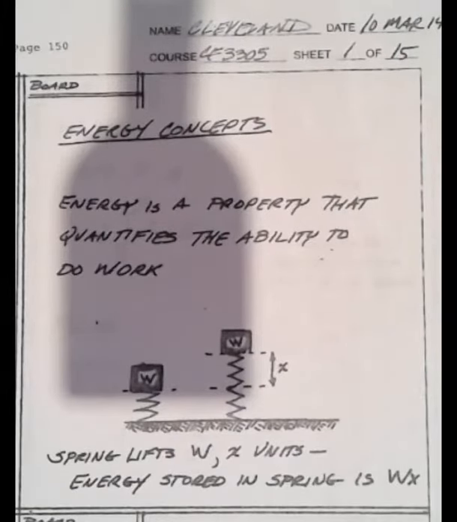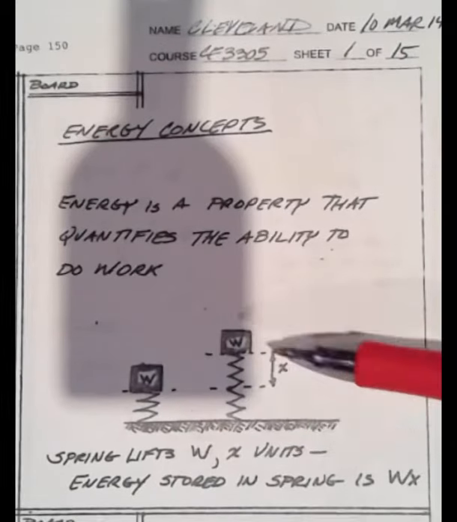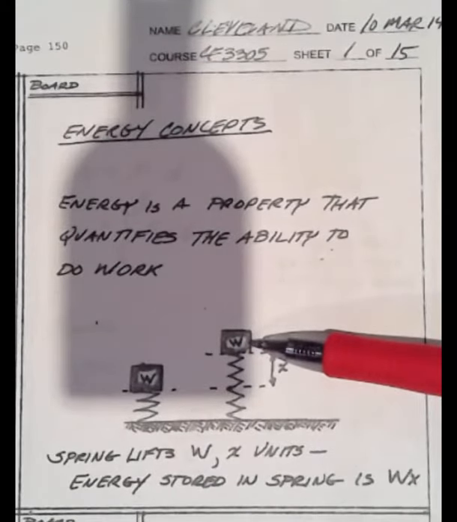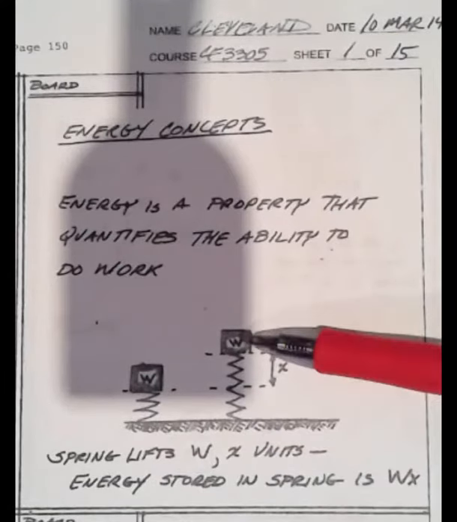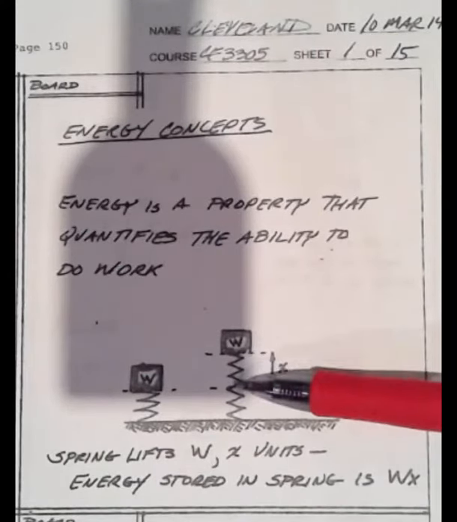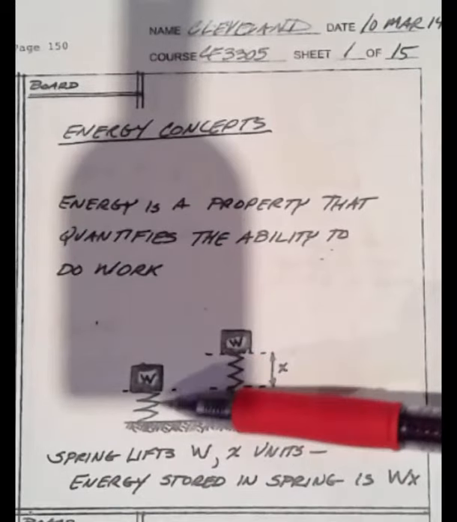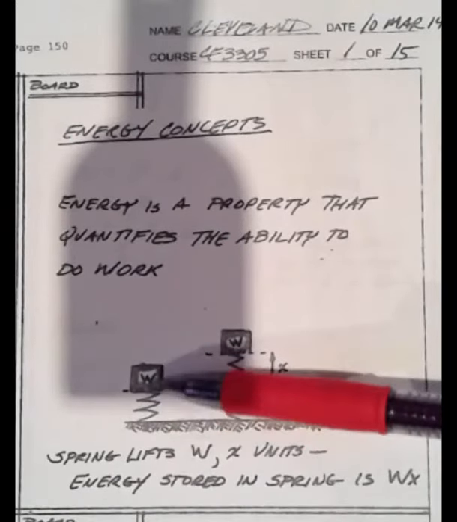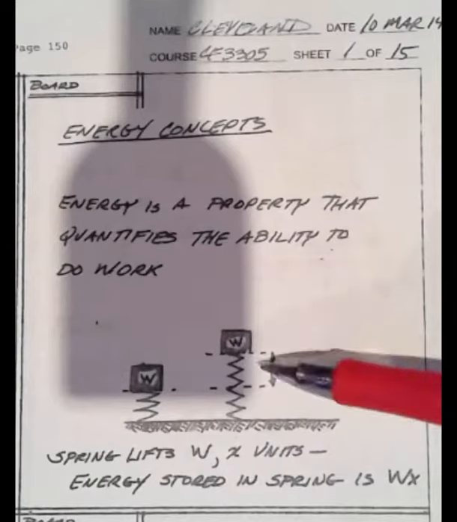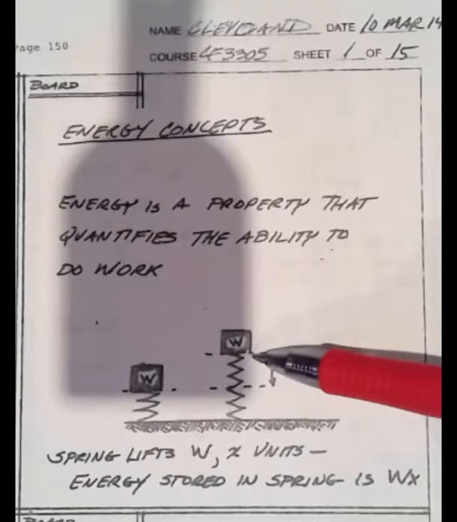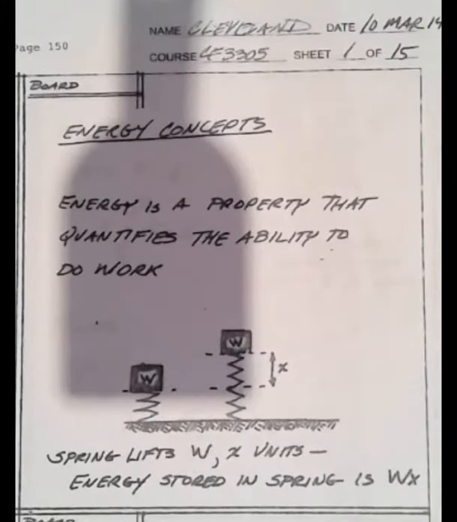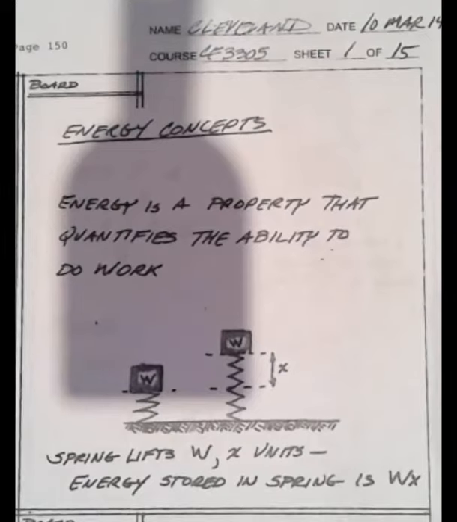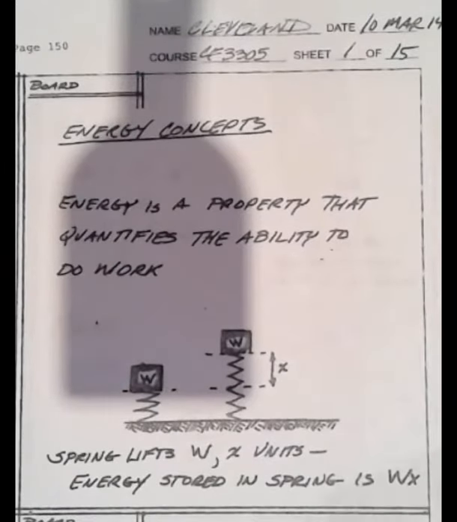The example I have here in the drawing is a spring that's holding up a weight, and when we put the weight on the spring here is fully extended. The weight pushes down and compresses the spring, and perhaps at this new position here, the equilibrium position, the amount of energy stored in the spring is this displacement x multiplied by the spring constant, at least for a linear spring.